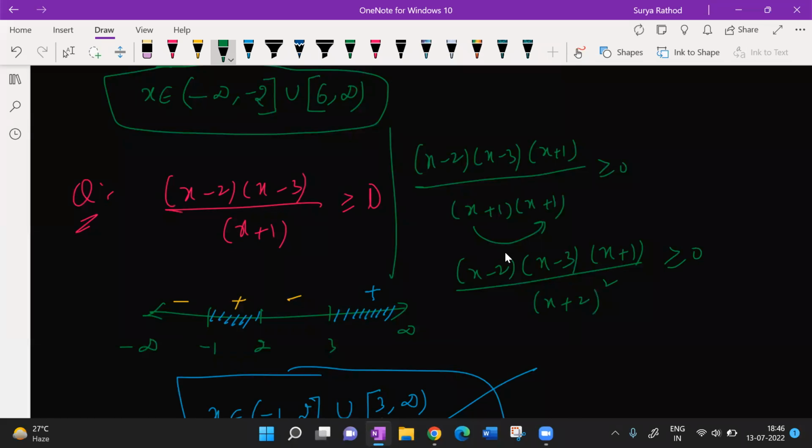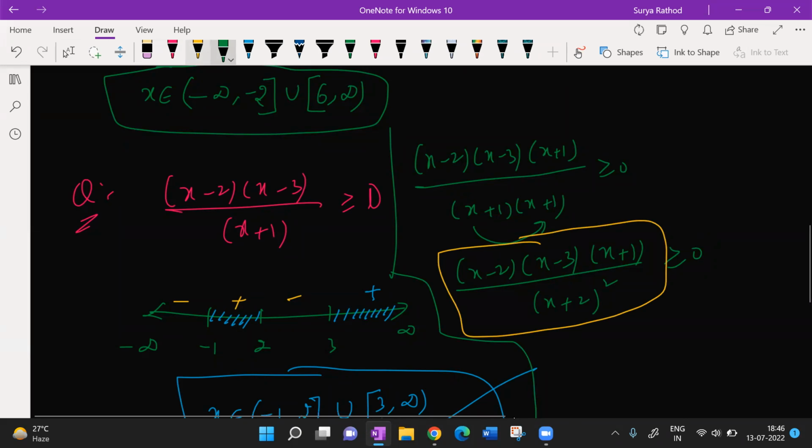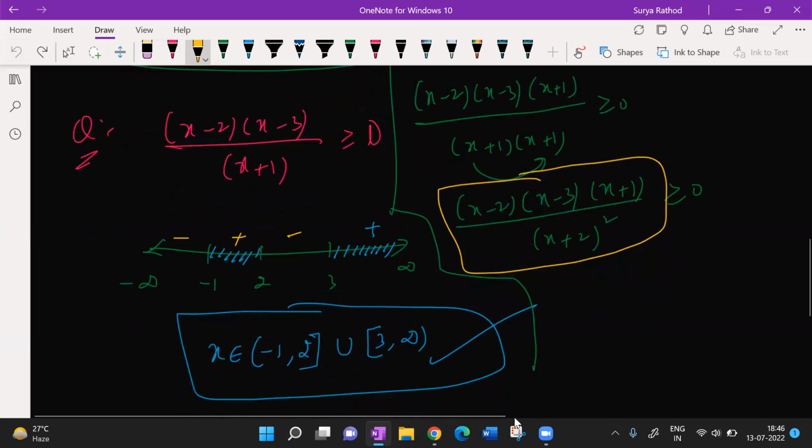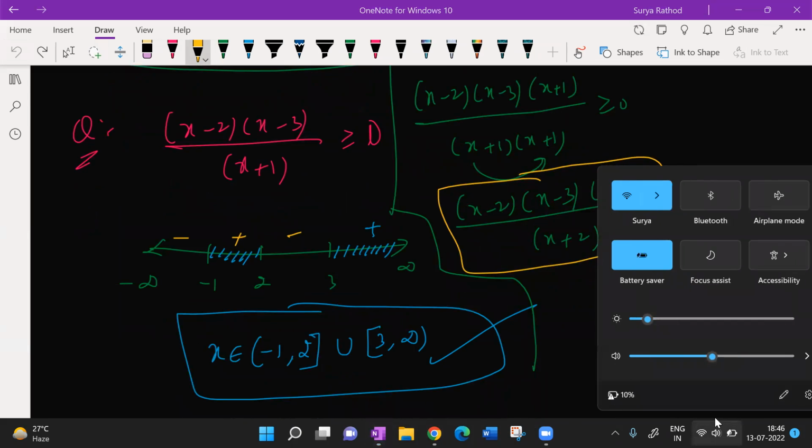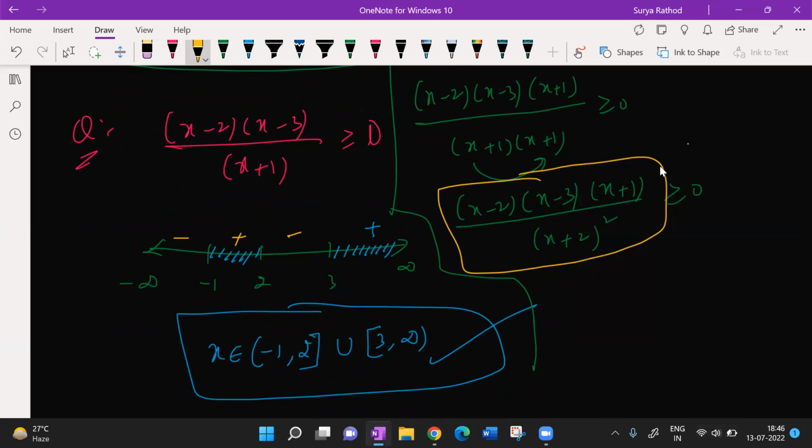Now look at this here, greater than or equal to 0, he is saying, beta. Which means the entire expression given to you has to be positive. For making it positive, now the denominator I made it positive. Now I don't have tension on that. Why? Because the denominator became positive now.